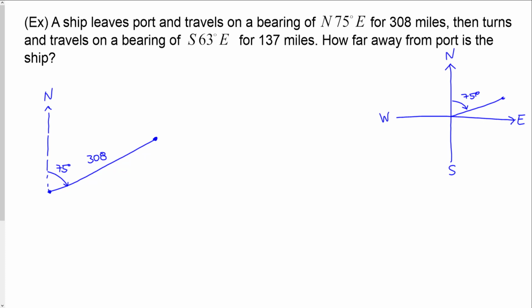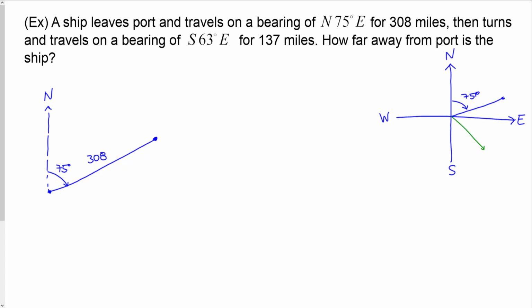And this is where the ship changes direction. So now the ship is traveling on a bearing of south 63 degrees east. If you're south 63 degrees east, you're measuring 63 degrees toward east, but from south.